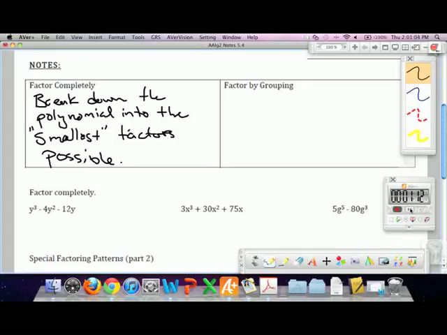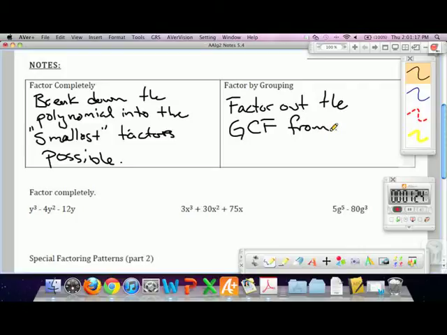We're going to factor out the GCF from smaller groups within the polynomial.